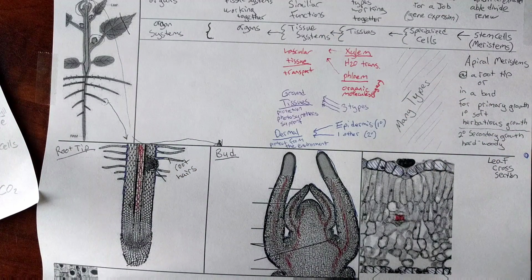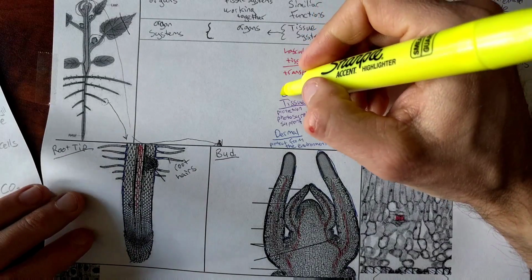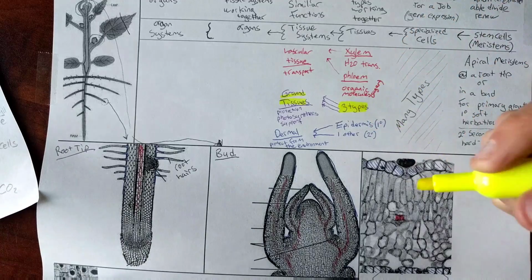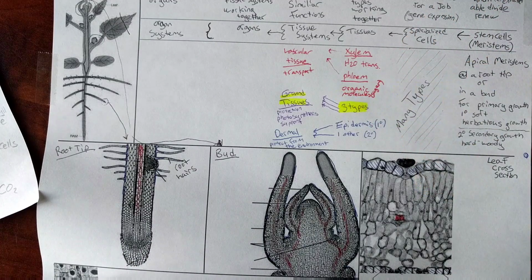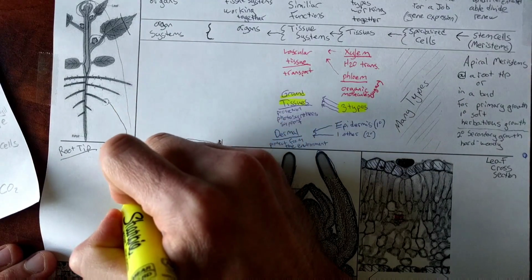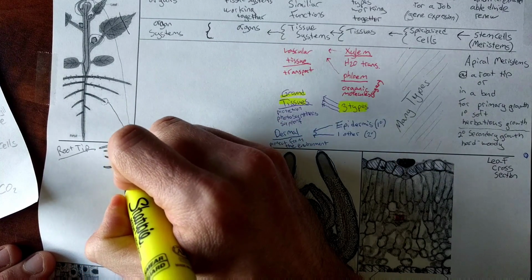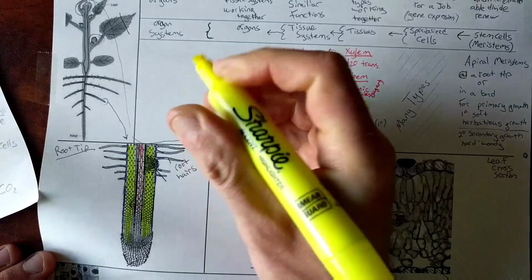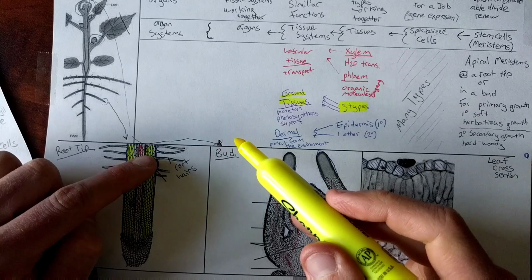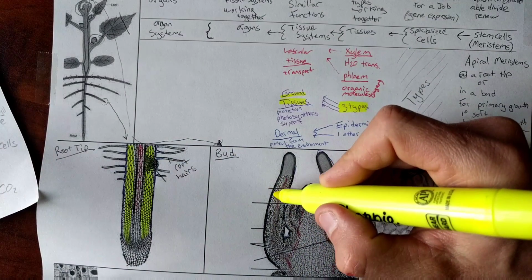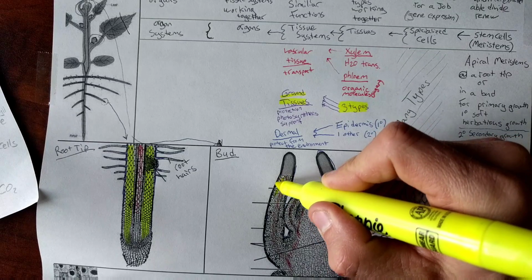The rest, because it consists of a lot of different ones, I'm going to use a highlighter for our ground tissues, the 3 different types. And I'm going to zoom through and color in the rest. Everything between the vasculature and the epidermis, or between the epidermis and the vasculature in this case.